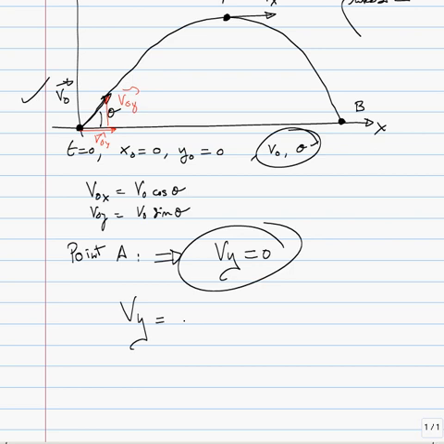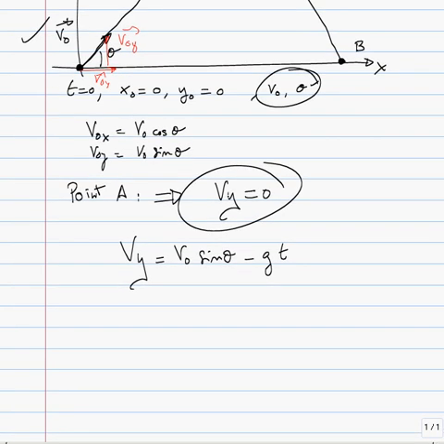Remember Vy by definition was equal to v naught sine theta minus gt. Let's see what comes out of it. If we apply this formula at point A, then this becomes the y component of the velocity at A. Those two are constant, minus t, and I will write ta to remind myself that this refers to the time that it took for position A to be reached.